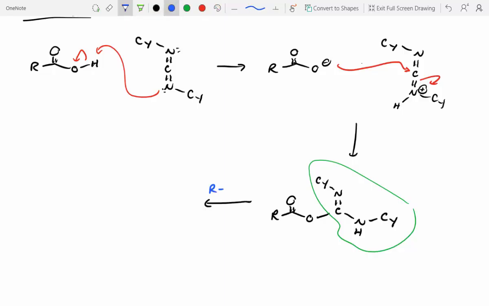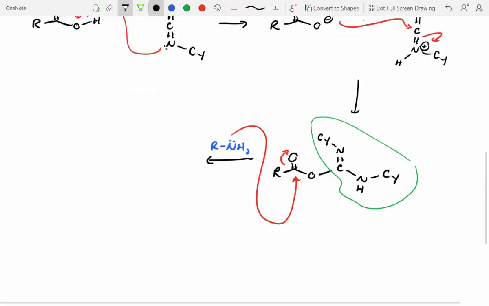So I'm going to write my amine above the arrow. This amine will attack into the carbonyl, kick up electrons.